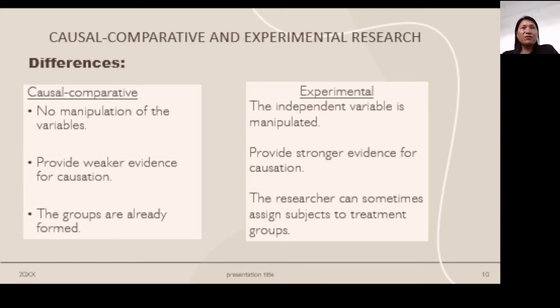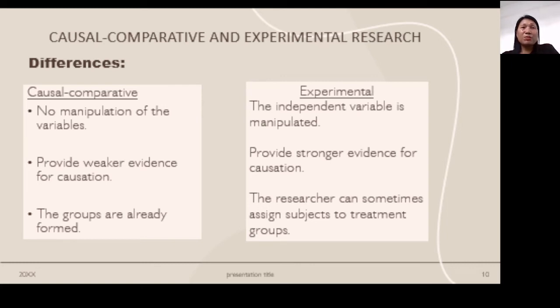Now, why is it weaker? It provides weaker evidence for causation because in causal comparative research, the researcher cannot be 100% certain whether the variable that he or she is testing is the one that caused the effect.